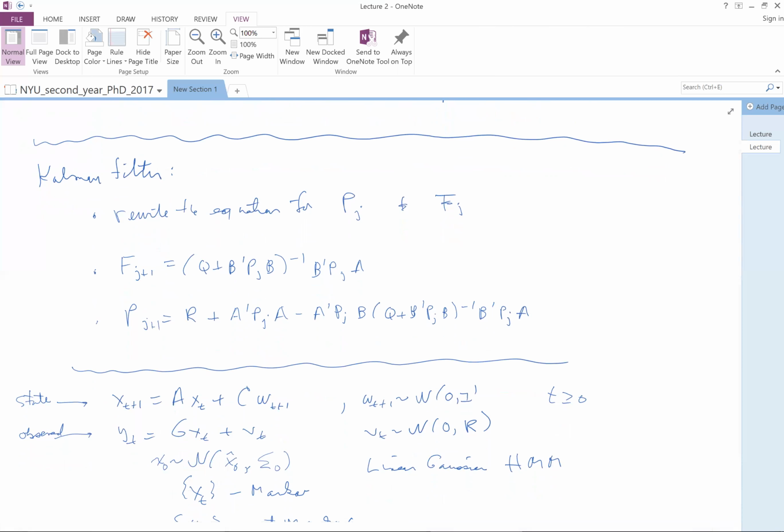Okay, so here's our Riccati equation. It's a Riccati difference equation. And we solve this starting from j equals 0, and we go 1, 2, 3, 4. And this is backwards induction from the Bellman equation. Those are two equations.